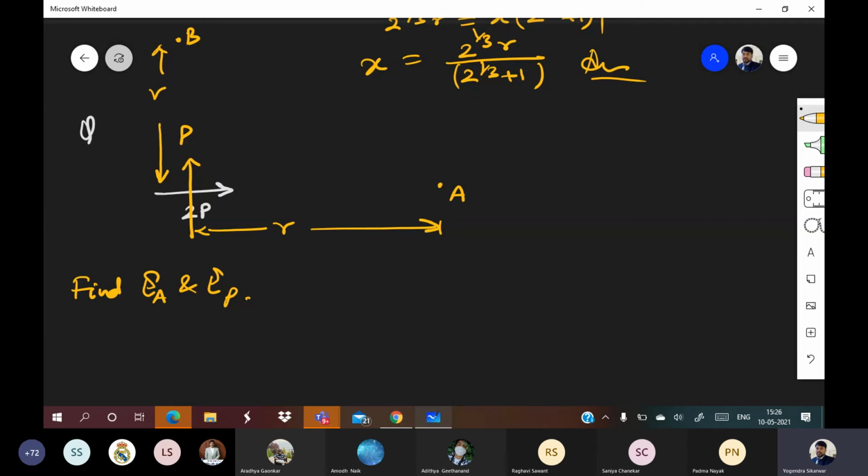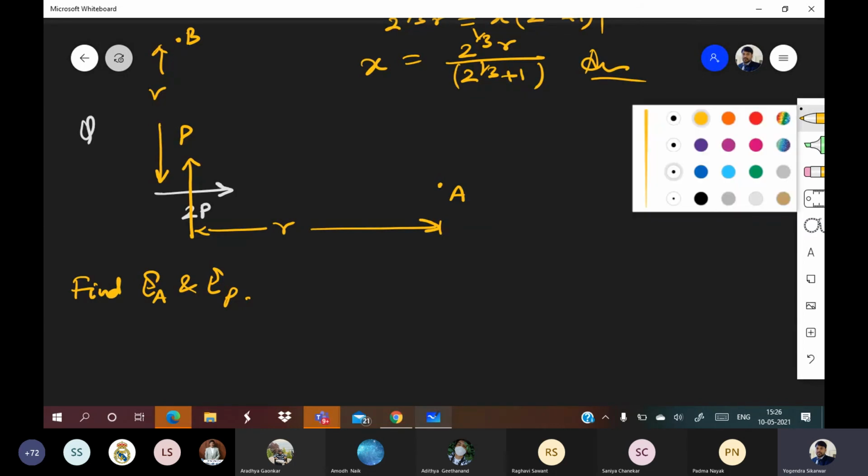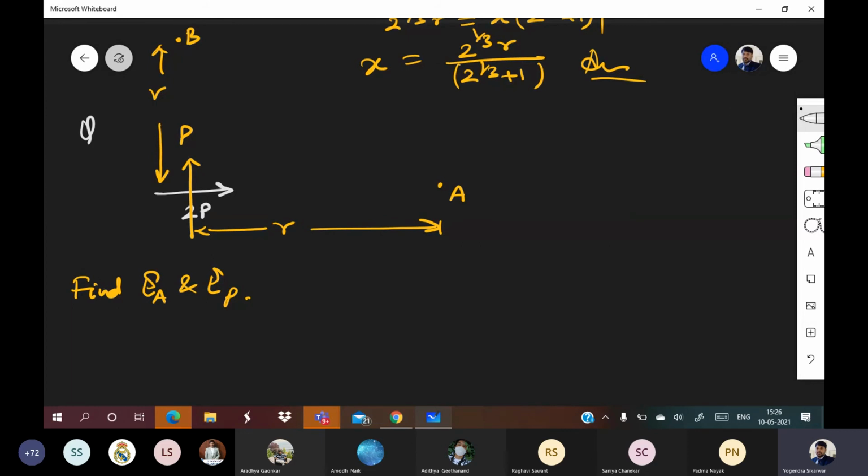Okay, everyone, please pay attention. Let me solve this for point A, or do you want to solve it yourself? Amod is saying, okay, let me solve for A point. So EA. At A, number 1, due to 2p, E1 is equal to 2K into 2p upon R cube.